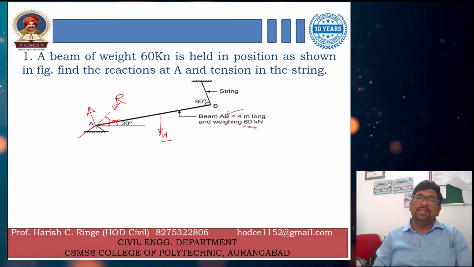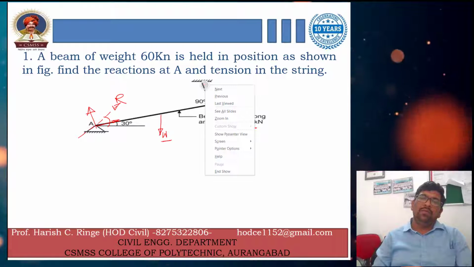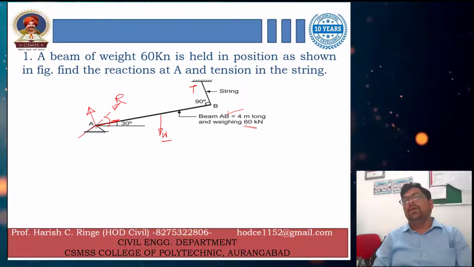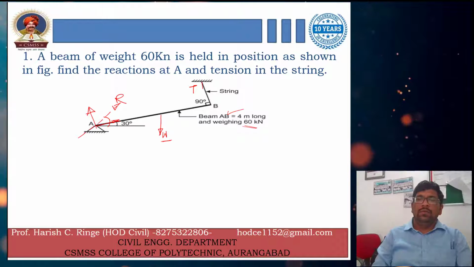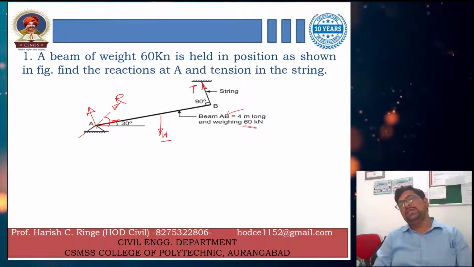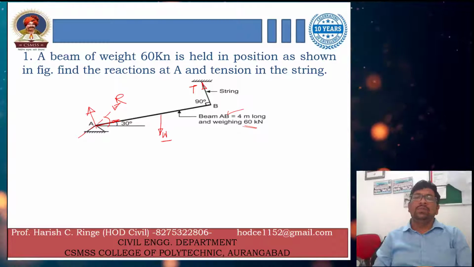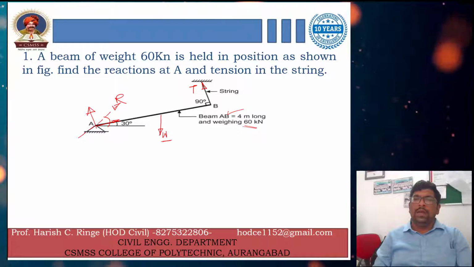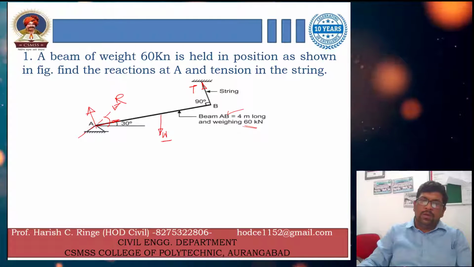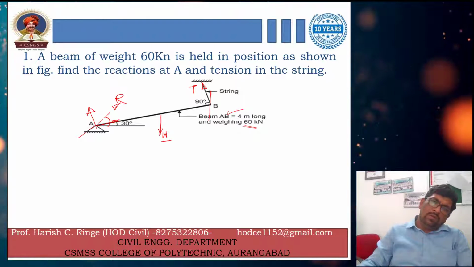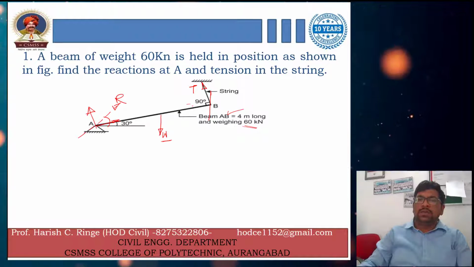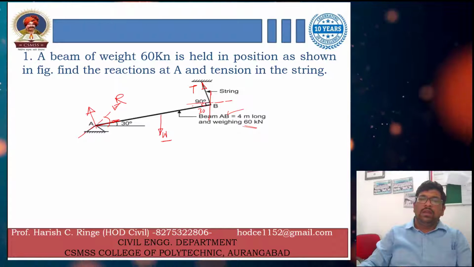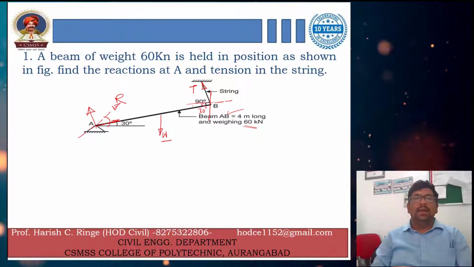Now again for this string we have to show the tension, that is T, which is at 90 degrees to this particular location. If I draw a vertical, you can see that this is the 30 degree angle, according to the diagram.